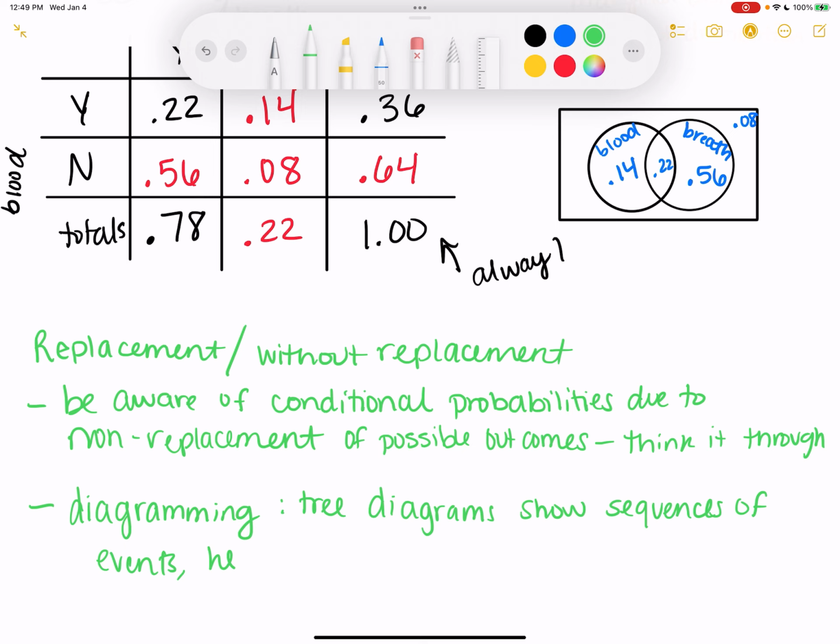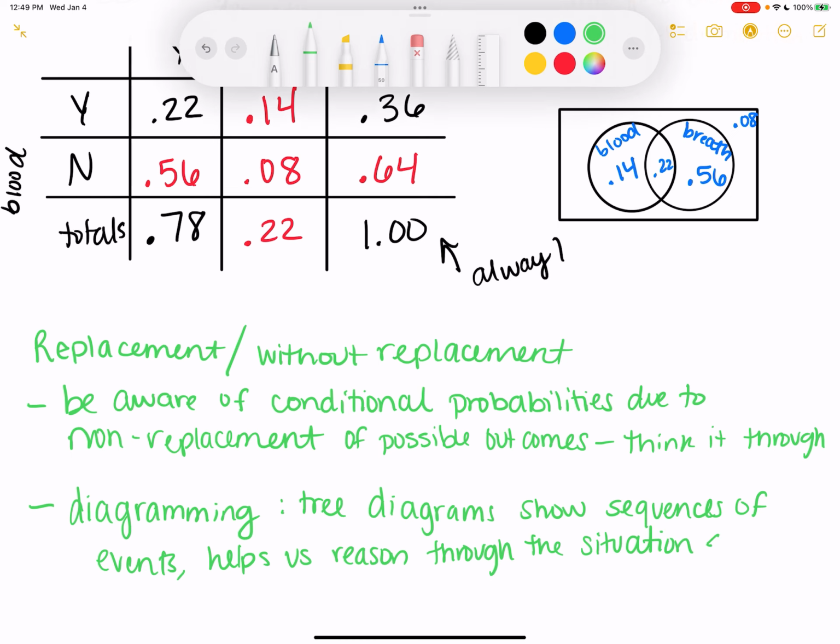It helps us reason through the situation and calculate complicated probabilities.